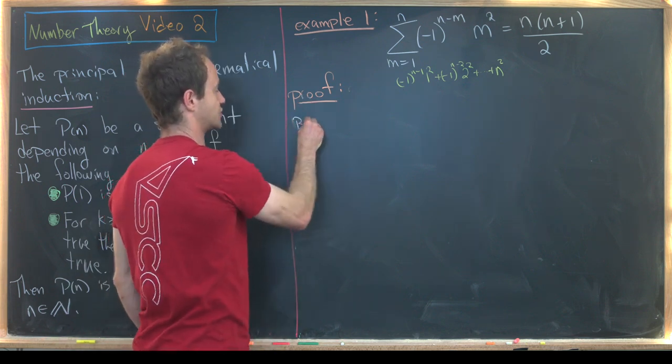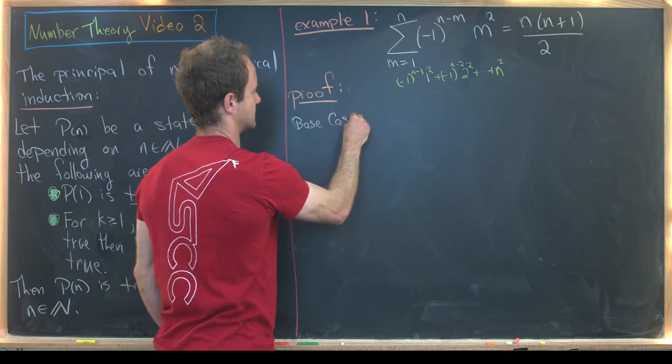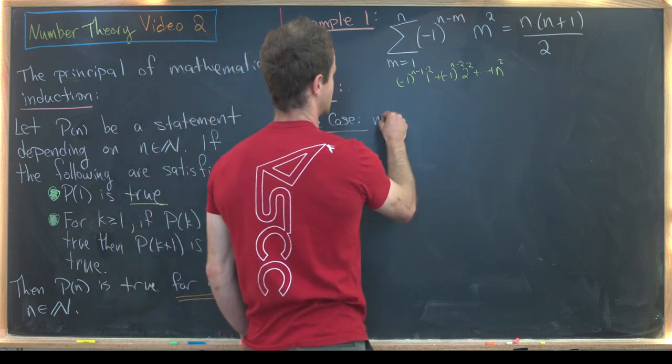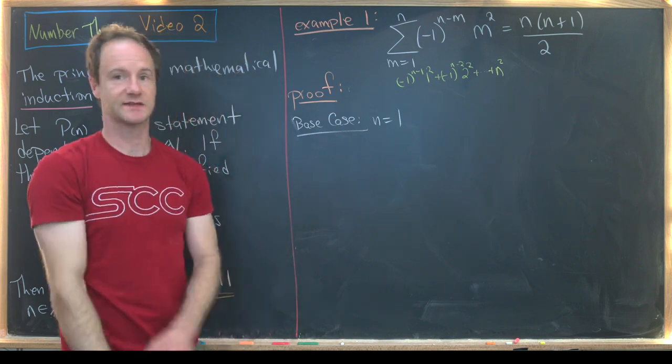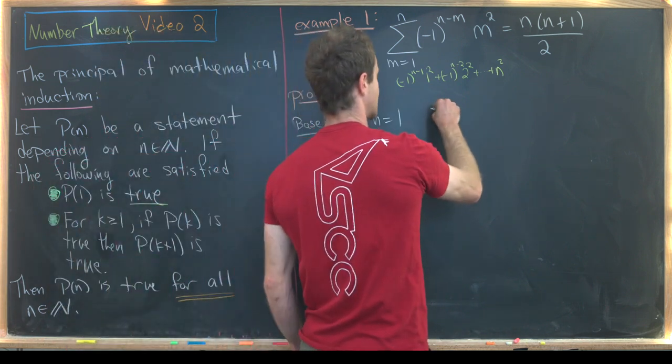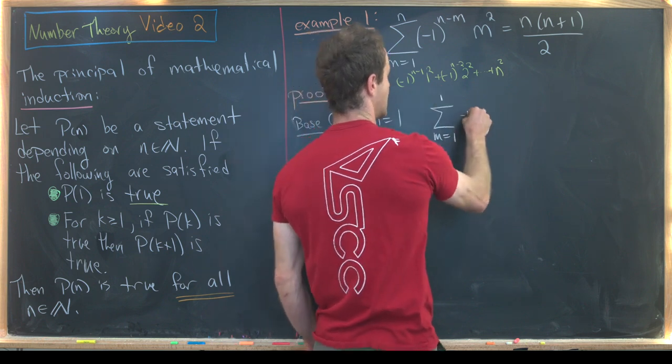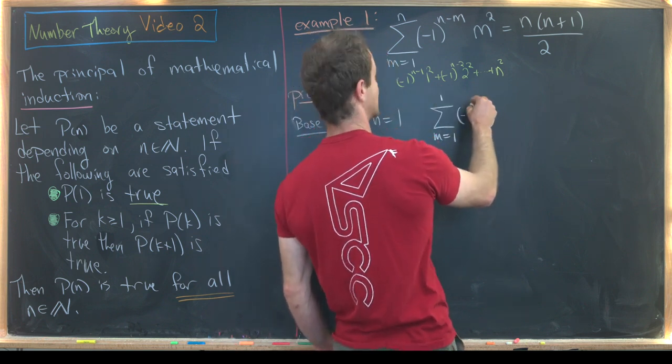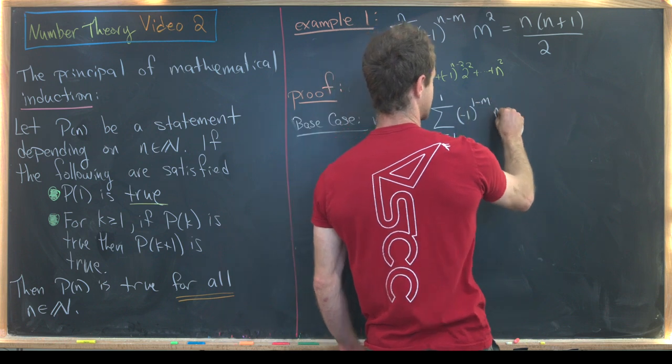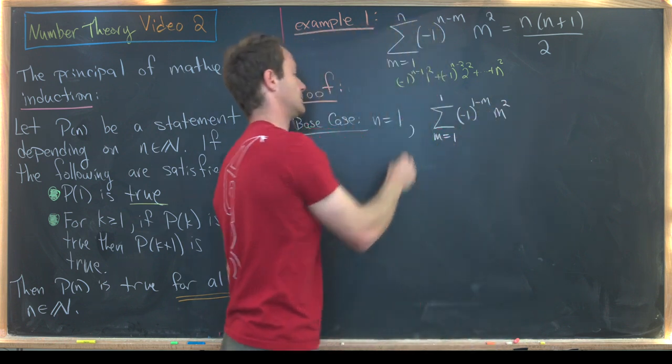So that means we need to start with our base case. So the base case will be the n equals 1 case. So in the n equals 1 case, we have the sum as m goes from 1 to 1 of minus 1 to the 1 minus m times m squared.